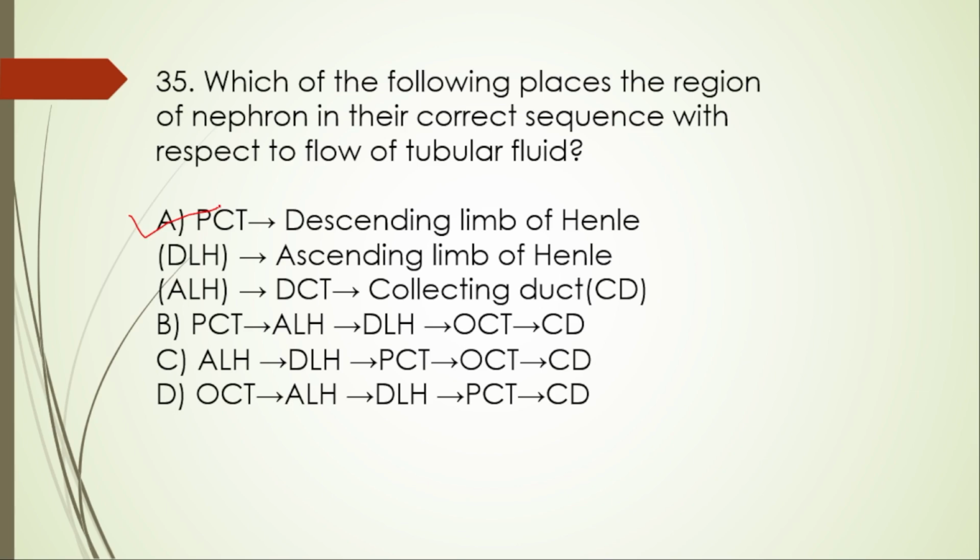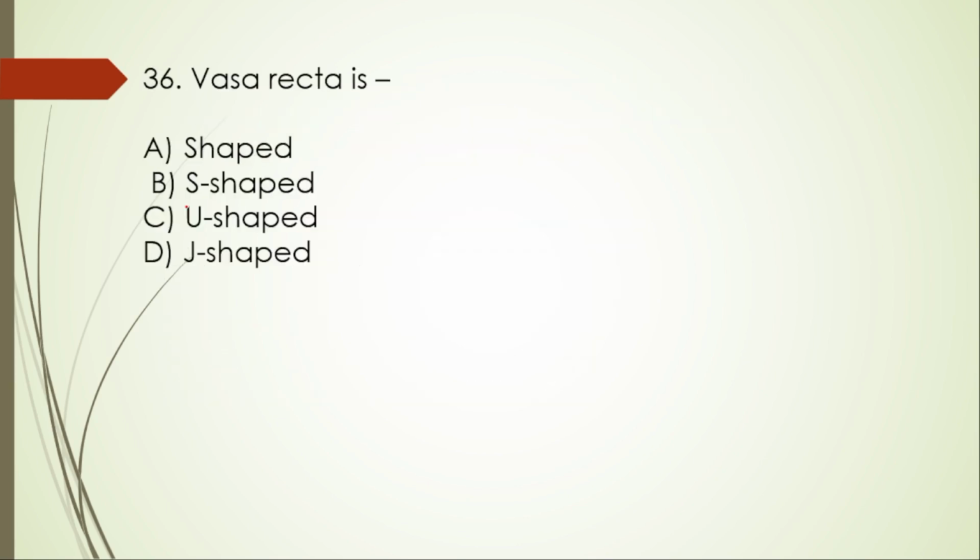Then the fluid travels down into the renal medulla. Next, from the ascending limb of Henle, the fluid travels back up towards the cortex, and in the DCT, that is distal convoluted tubule, the fluid passes through to the collecting duct. That's why for the 35th question, option A is right.